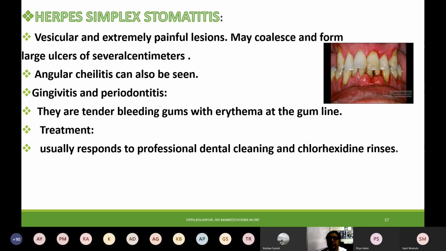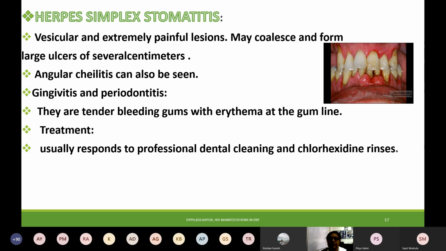Now next is herpes simplex stomatitis. You can see how these patients come with stomatitis, gingivitis and periodontitis in this picture. The lesions are vesicular and extremely painful, and they may coalesce and form large ulcers of several centimeters.